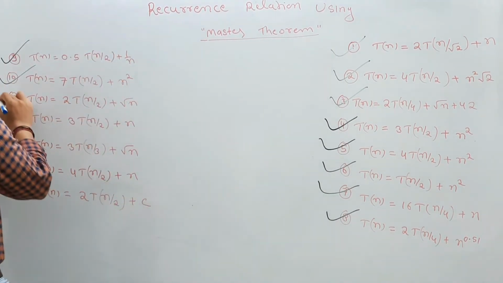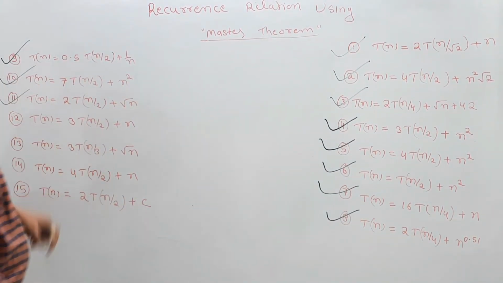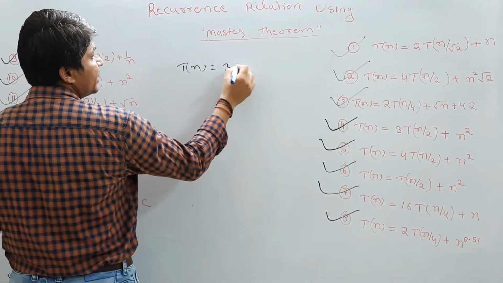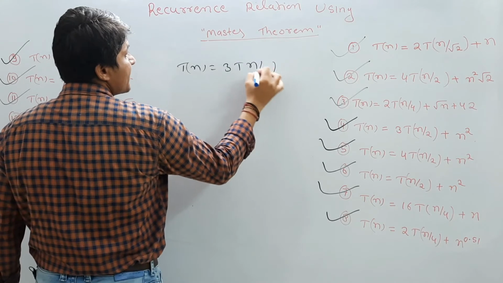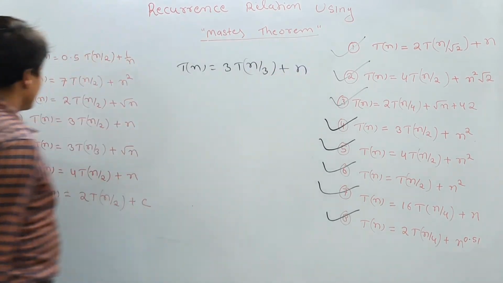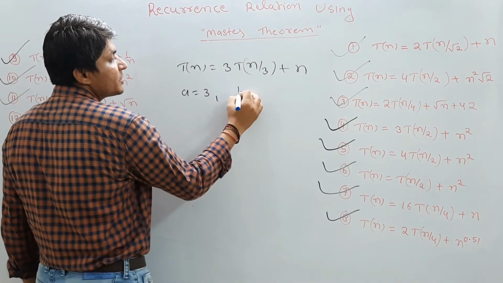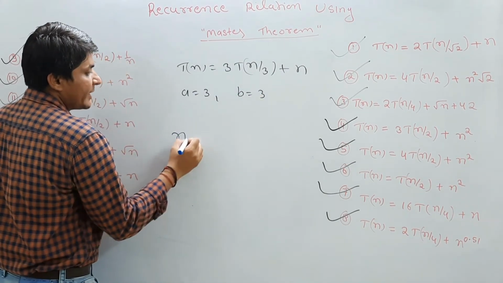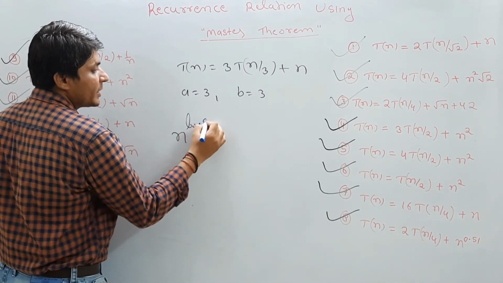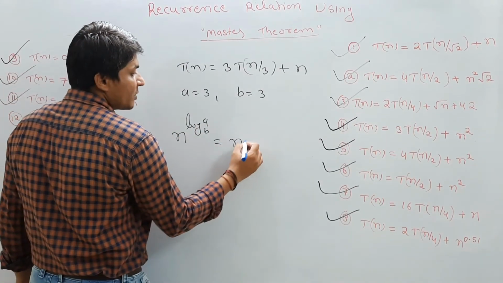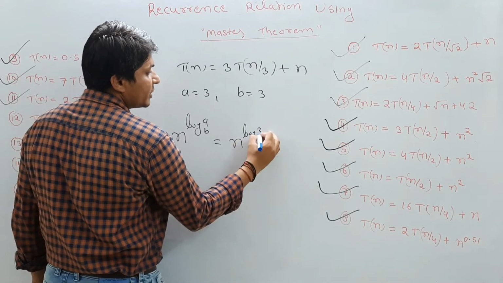Let me solve the next example. So example number 12. This is T of n equal to 3T of n by 3 plus n. Correct. Now, what is a value? A value is 3 and b value is 3 in this case. So if you calculate n raised to power log a base b, this is nothing but n raised to power log 3 base 3.